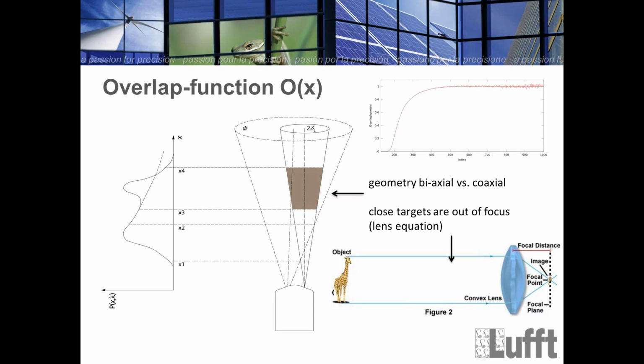Then you have a region until X2 or X3 where not all of the light is collected. So you are in an overlap region of your signal where you can measure more and more percentage of the total light you send out. But still not all. And starting from X3, we collect all the light which we send out, which is in principle scattered back by the molecules or particles.